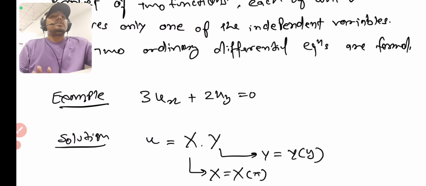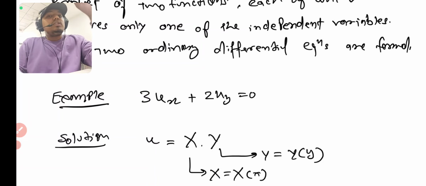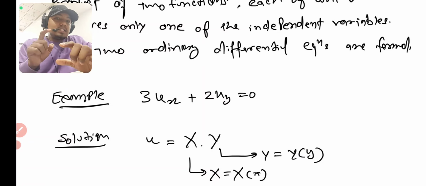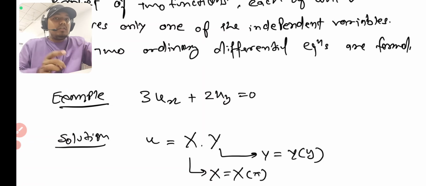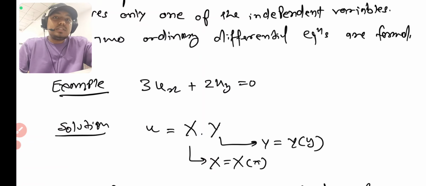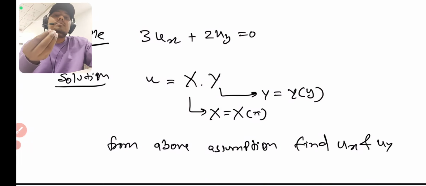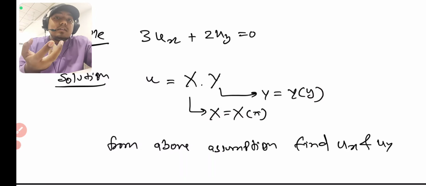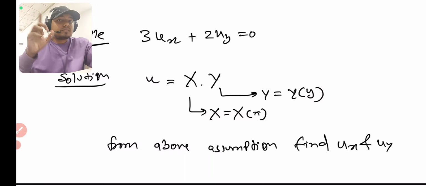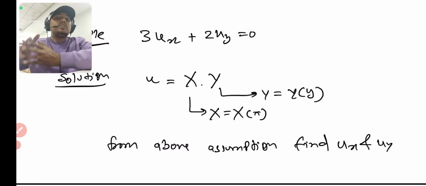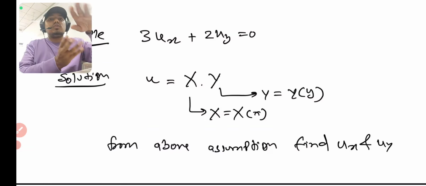So it means your solution will come as the product of two functions. One function will be capital X, one function will be capital Y. Suppose, just an example, capital X can be e power x, capital Y can be log y, sin y, y square. I mean X will be a function of x alone, Y will be a function of y alone.